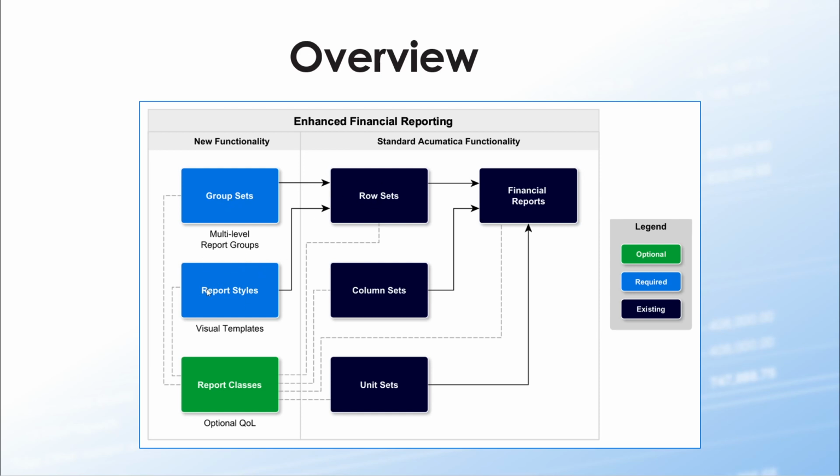So this is kind of like a template of what you used to do manually on the row set rows. You do it in the styles, and then this applies to the structure that you build quickly and easily. The report classes are optional, but the preset data does come with them, and they make the maintenance and building of these reports easier.